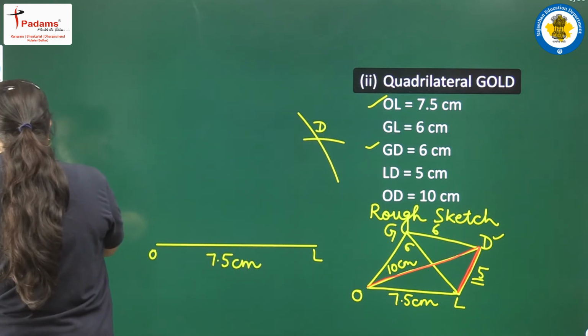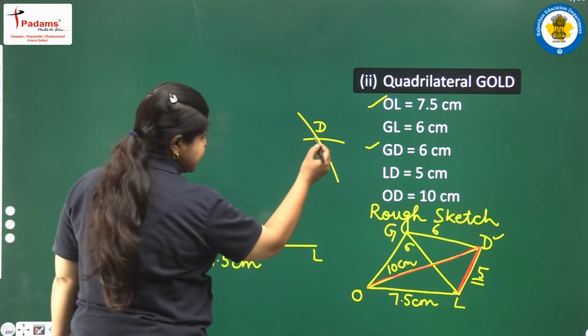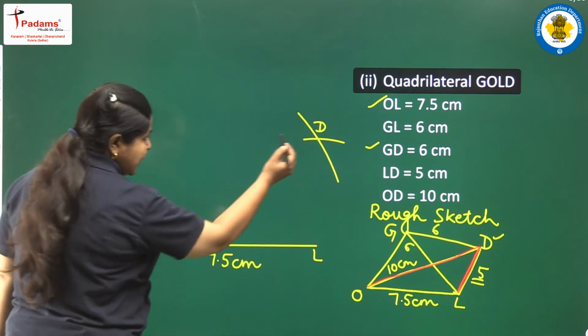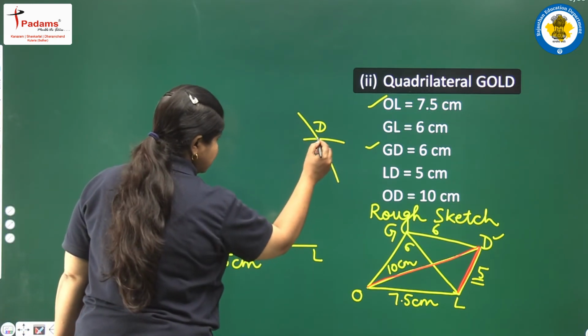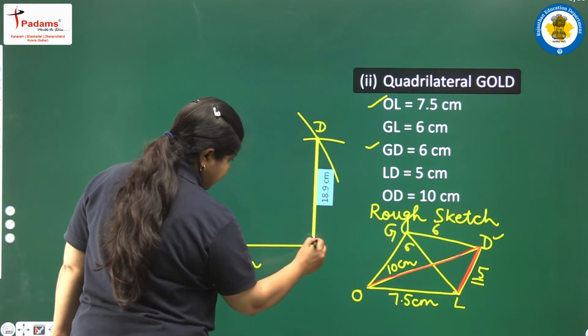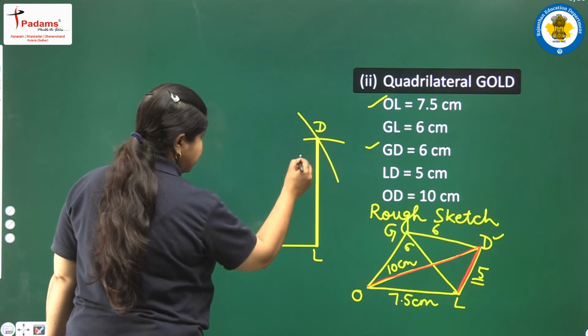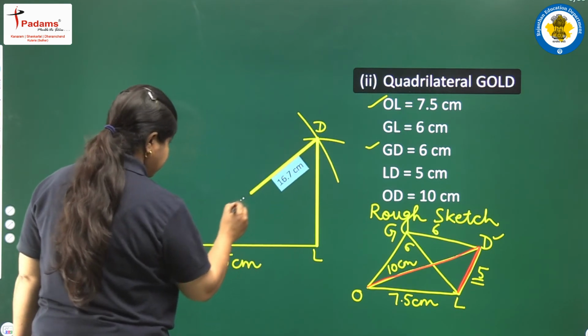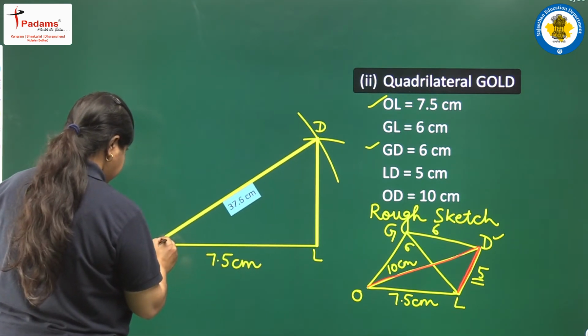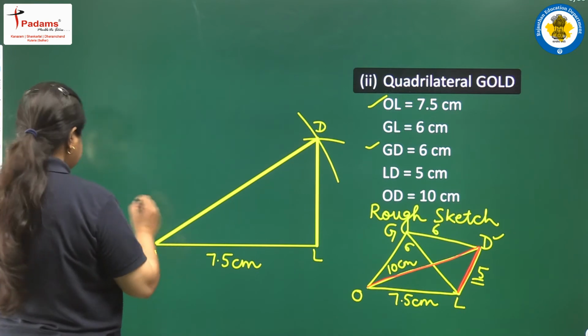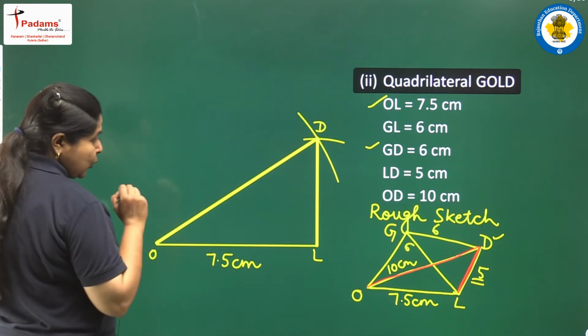Again, what next we have to do? We will join this D to O and D to L. So we join it. This is DL. And this is DO.